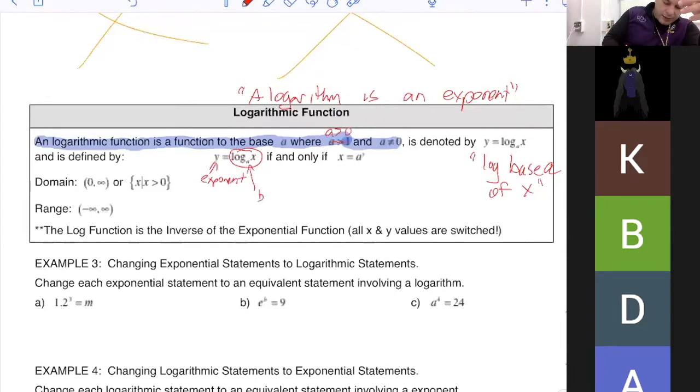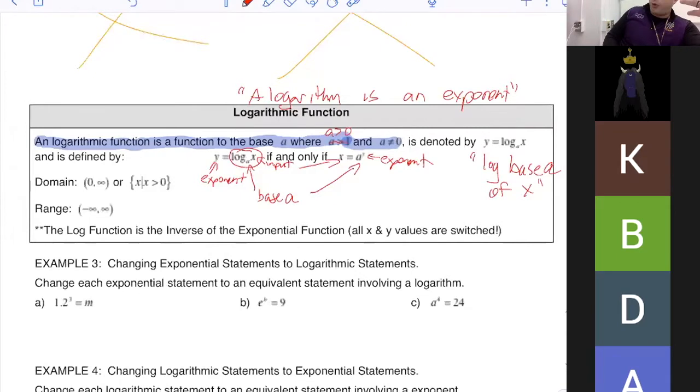Base a is still base a. If it's a base for a logarithm, it's the same as the base for the exponent. Now the y, what it's equal to, is your exponent over here. That's why my high school math teacher said a logarithm is equal to the exponent. And your input is just going to be the result of what your exponential equation is equal to.